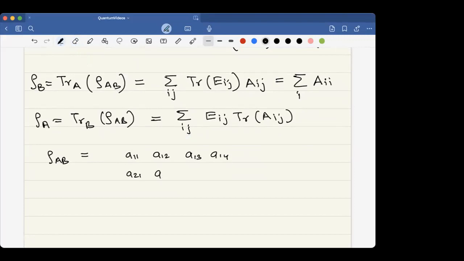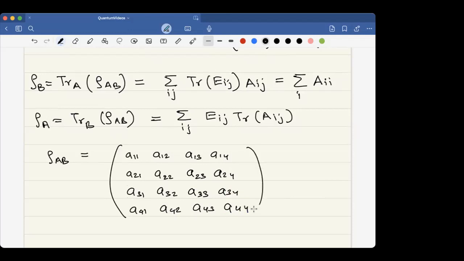Let me just write this matrix, which is a density matrix in C2 tensor C2: A31, A32, A33, A34, A41, A42, A43, A44.